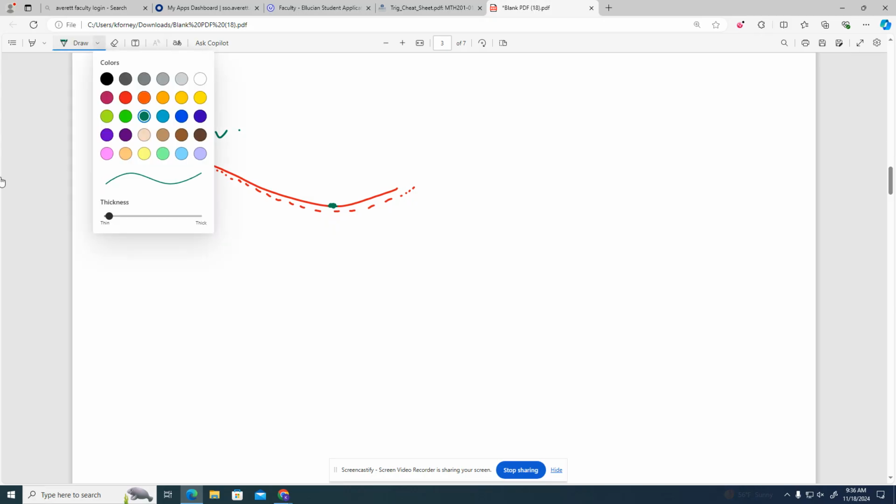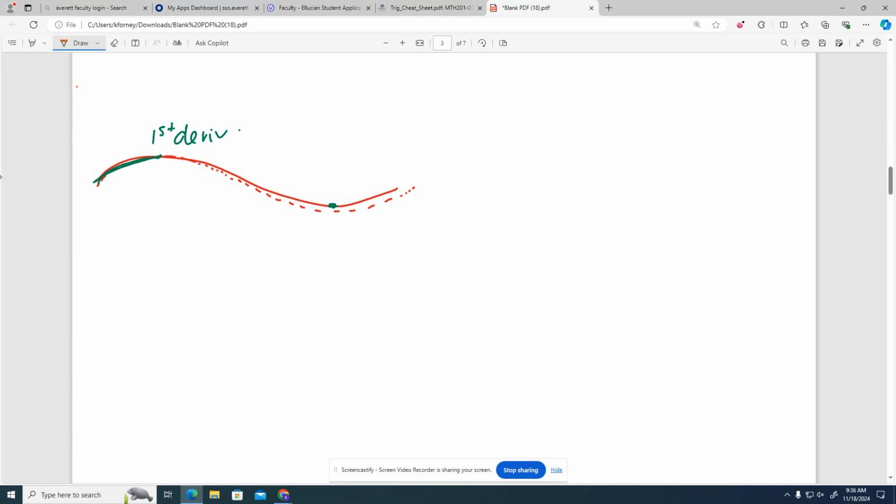Those are the critical values that the first derivative tells us. Today we're just going to focus on finding that second derivative, and we might even do third derivatives and such, but later this week we're going to look at the application of it, so I just want to get it in your heads. The second derivative is going to tell us where we switch from concave to convex.